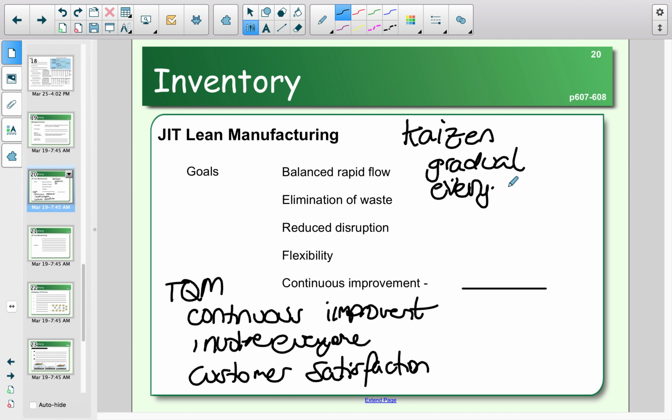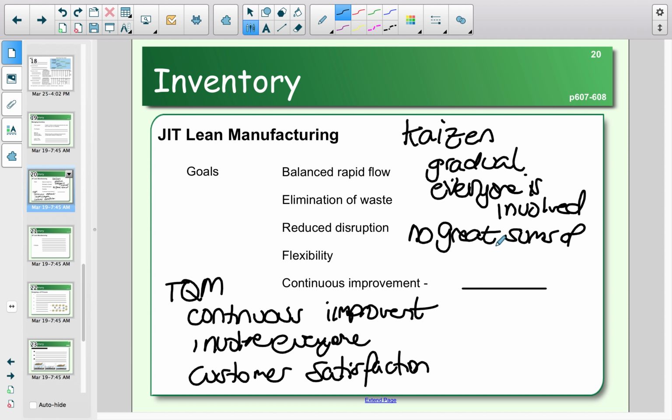So everyone is involved. And we're not spending great sums of money to do this. We're not going to buy new fancy technology. We're not going to pay people, consultants, to come in and tell us how our changes should be. Instead, it's going to be internal.